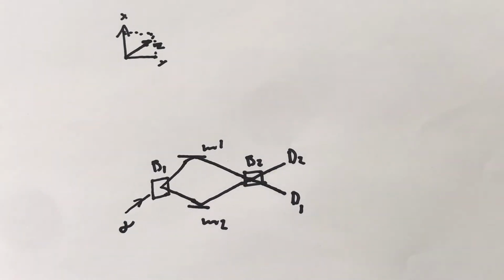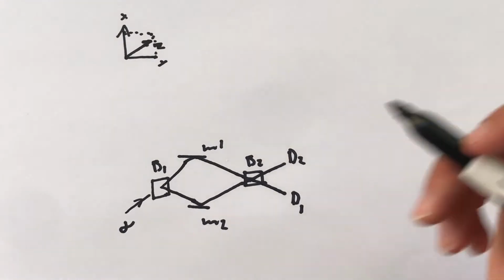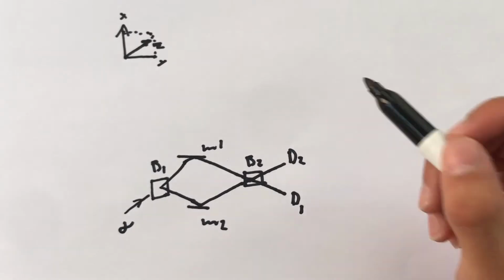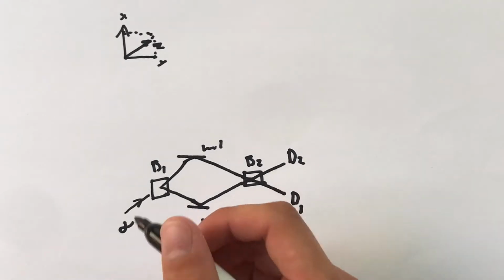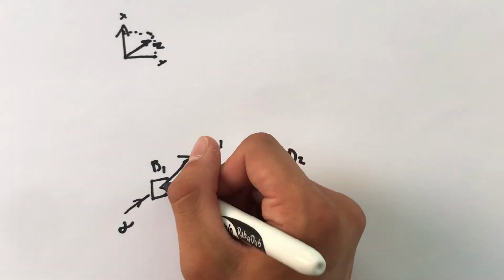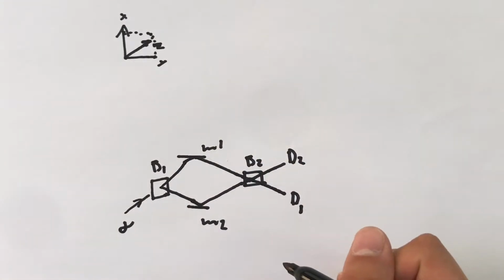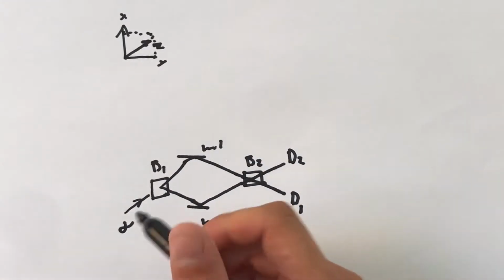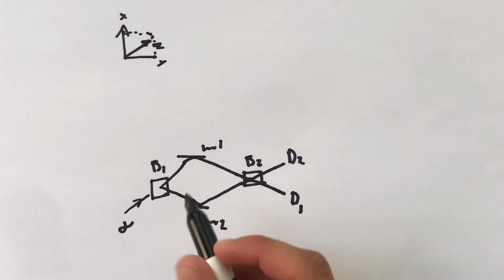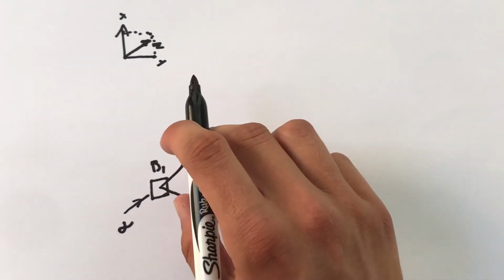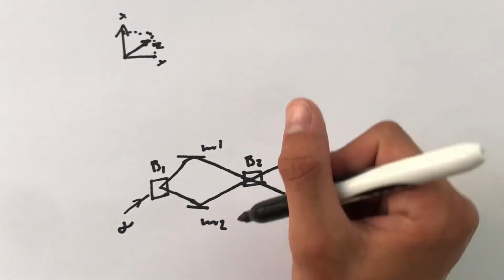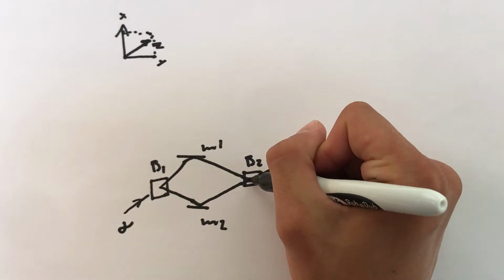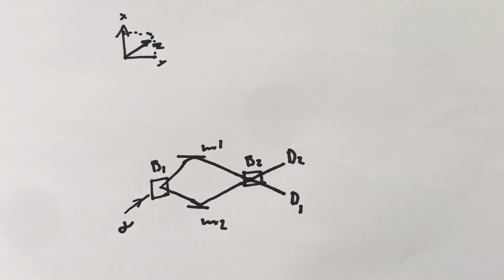So the only way, I know it sounds strange, to have interference with photons is if they interfere with themselves. And the only way for that to happen is if they go through both of these beams at the same time. So somehow this photon passes through both beams and is collected again in this point here and then divided again.